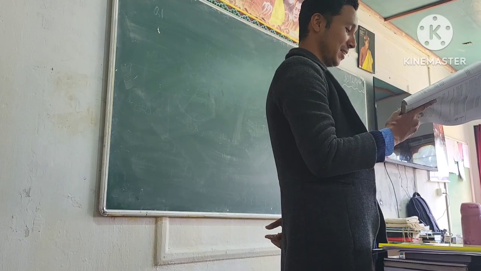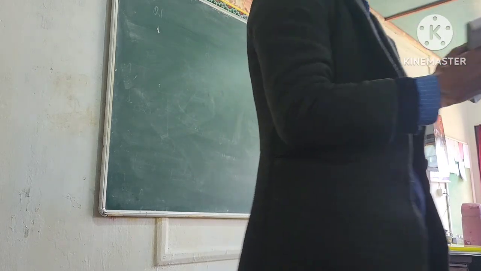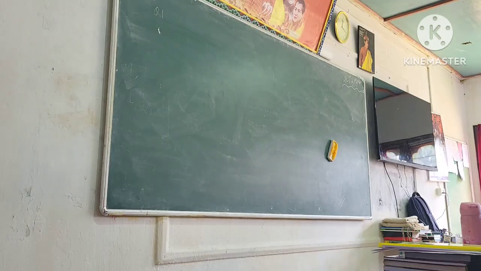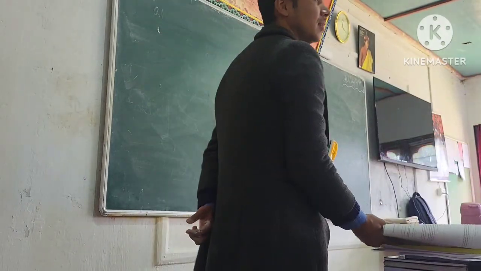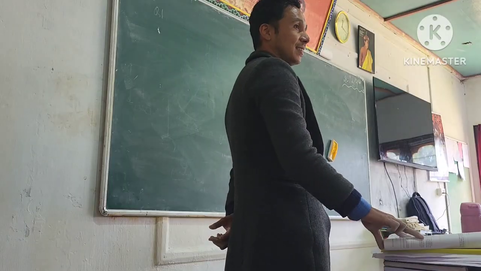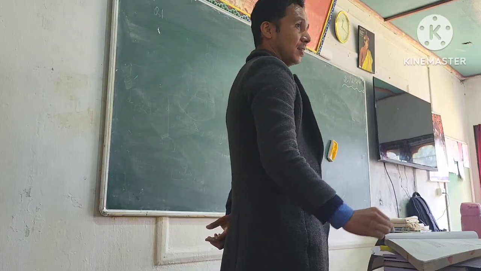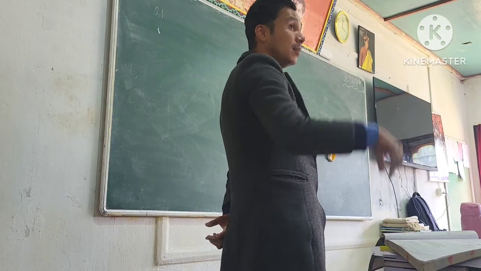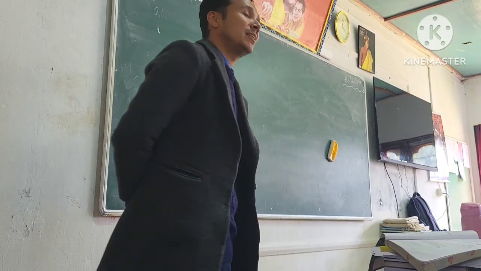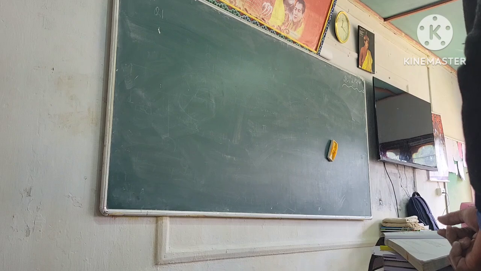So, Garen, you tell me, what is the formula for potential energy? Half kx square. What is x there? What is k? Spring constant. Please stand up.